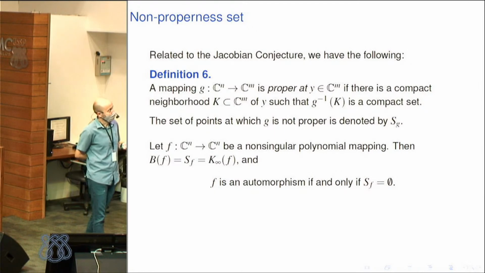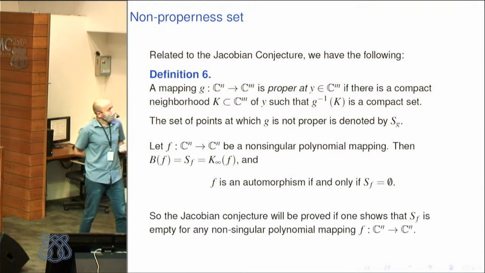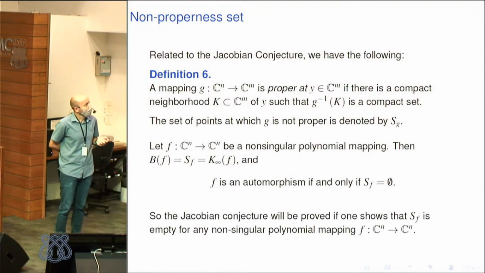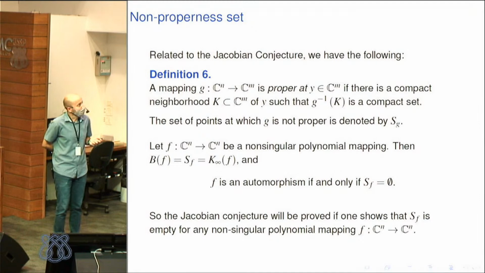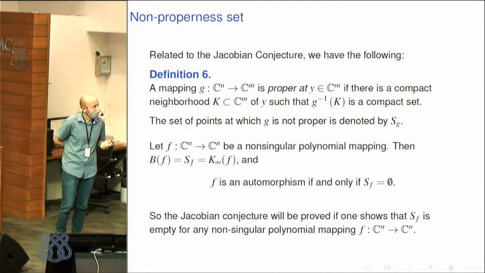So this is the first relation between the bifurcation set and the Jacobian conjecture. So to prove the Jacobian conjecture, we need only to show that the non-properness set, or the bifurcation set, is empty for any non-singular polynomial mapping.